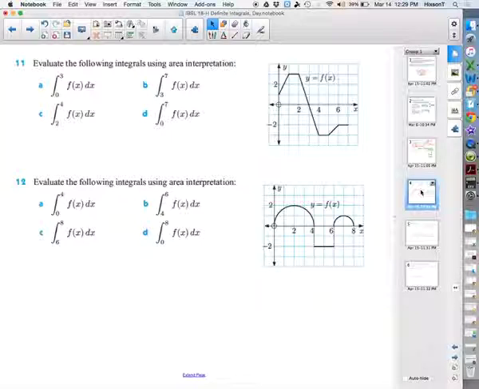These ones, you can evaluate the functions. They're trying to get you into the concept that an integral gives you area. So if I'm integrating from 0 to 3 on 11a, here's my function, from 0 to 3 is going to be this area right here, right?